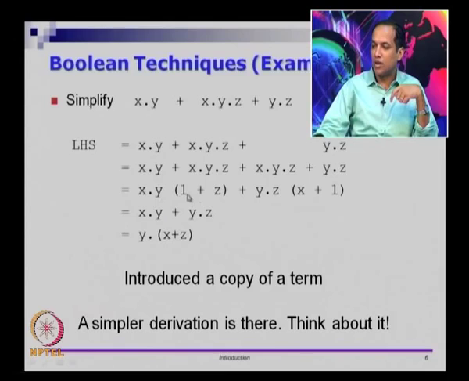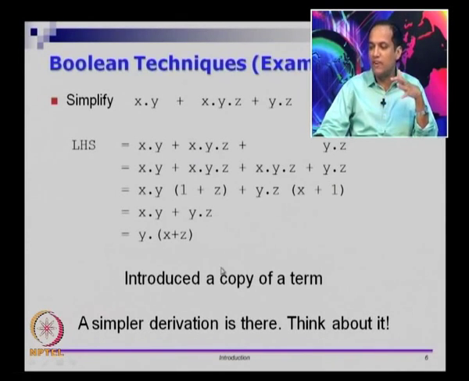So x and y and (1 or z), this 1 or z goes away, x or 1 goes away, so it gives us x and y plus y and z, and y is common between these two terms, so I can write it as y and (x plus z). So in this example we introduced a copy of the term x and y and z, and we got to y and (x plus z).